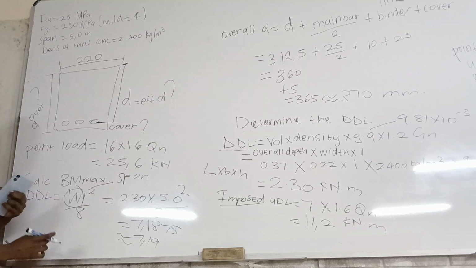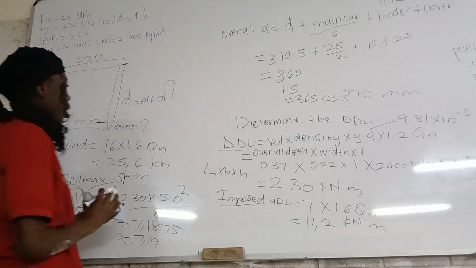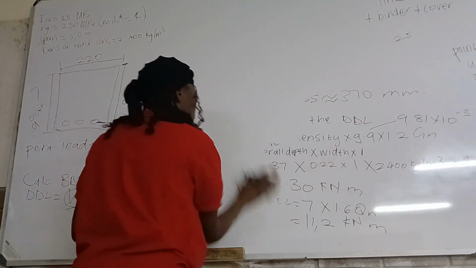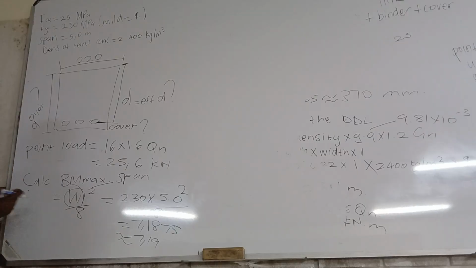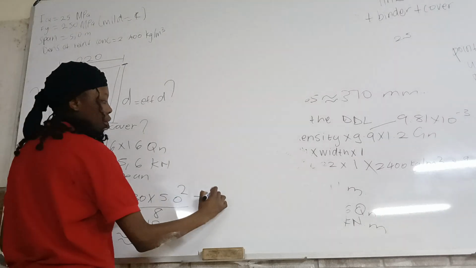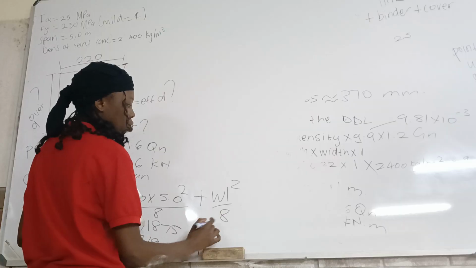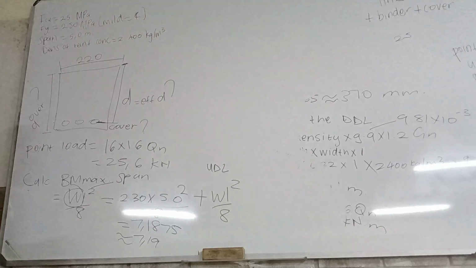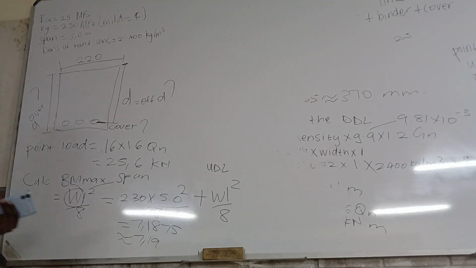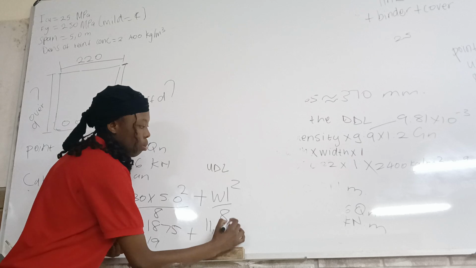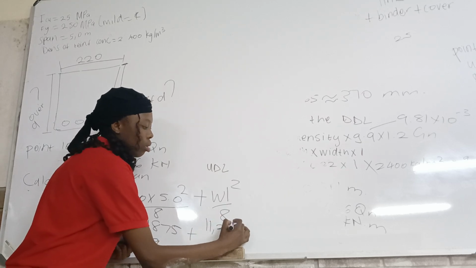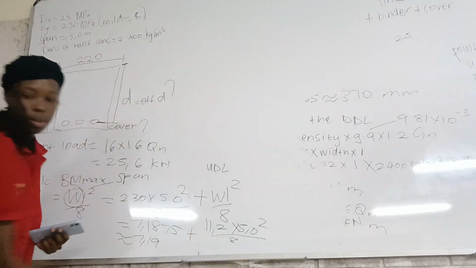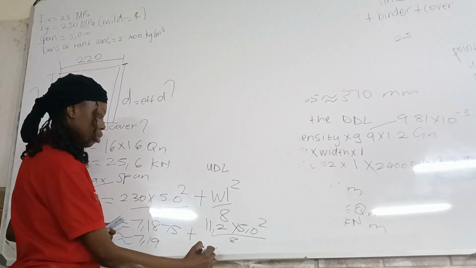Okay, and then let us calculate the imposed UDL. The formula is WL squared over 8 plus WL over 4. For the UDL, W is 11.2 and L is the span, 5.0 squared, divided by 8. We get 35.